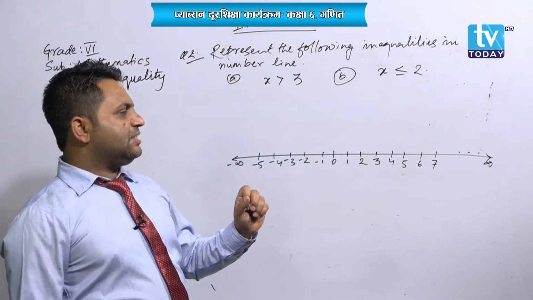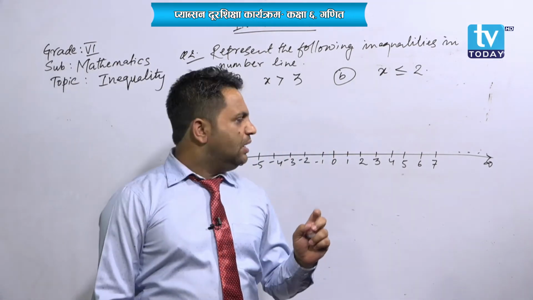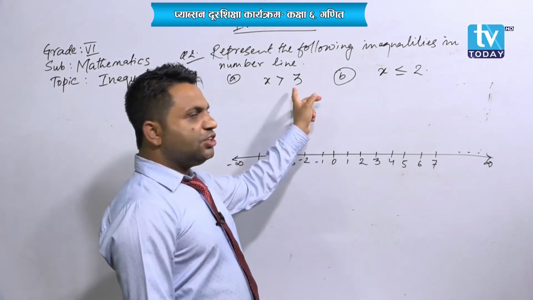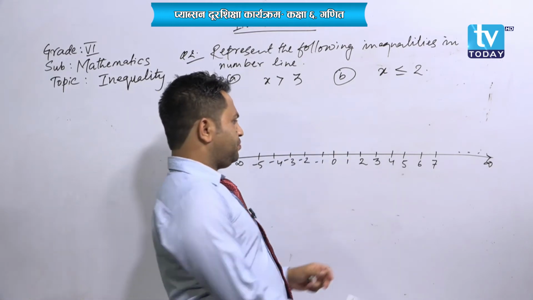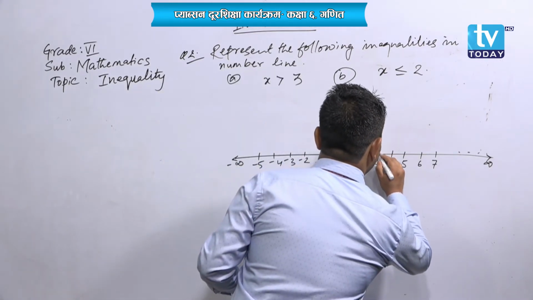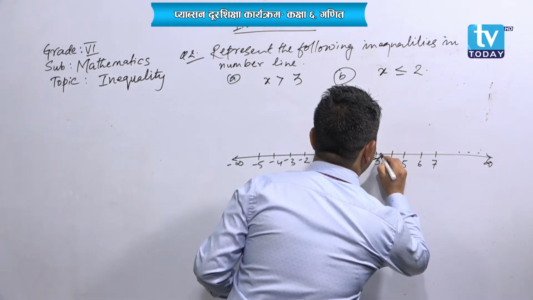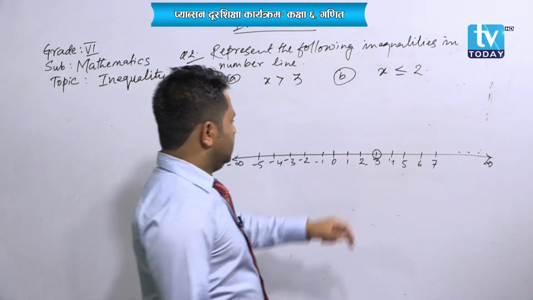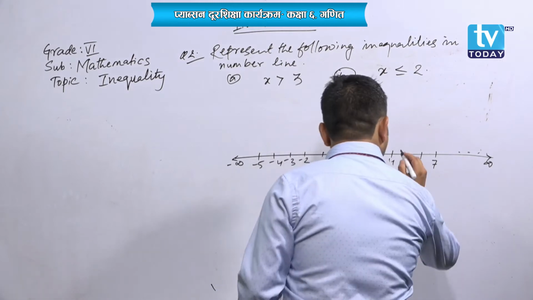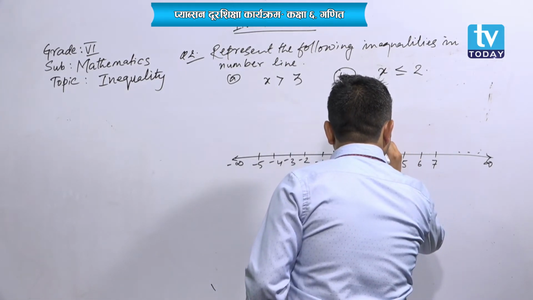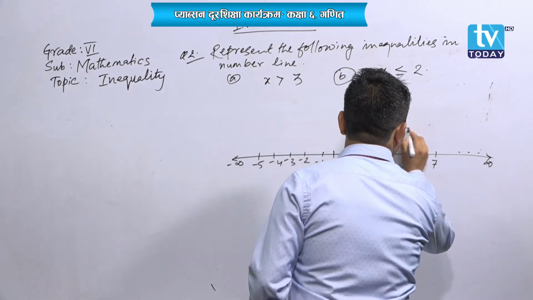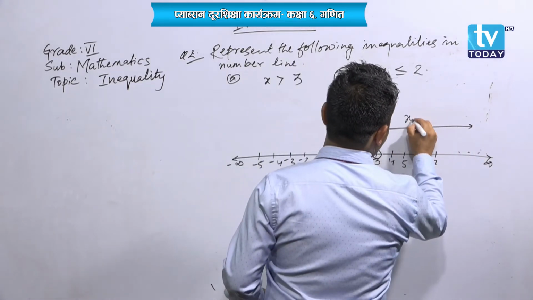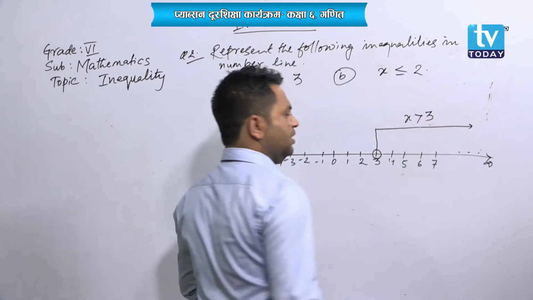The value of x must be greater than 3. Here greater than 3 means more than 3. Here 3 is on the number line. So x is greater than 3.